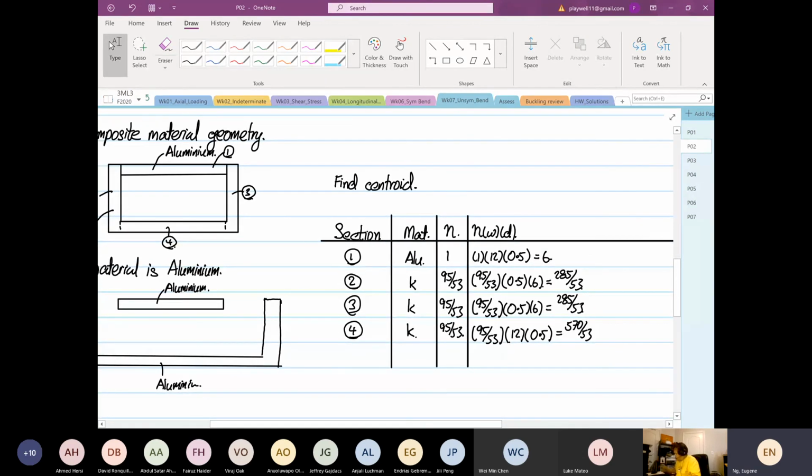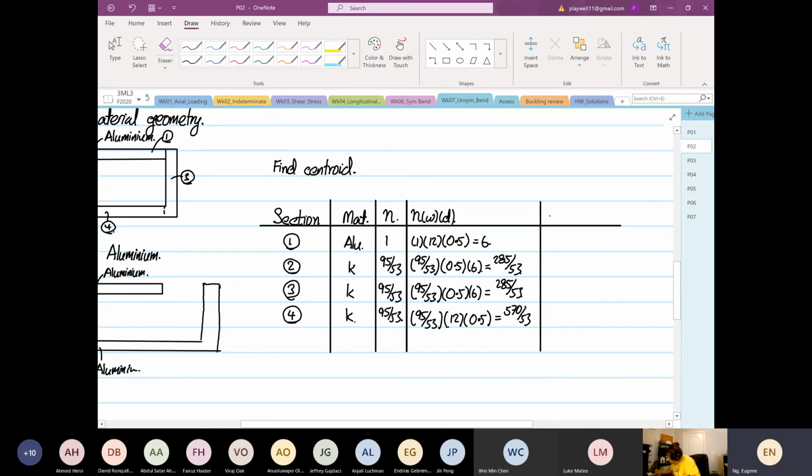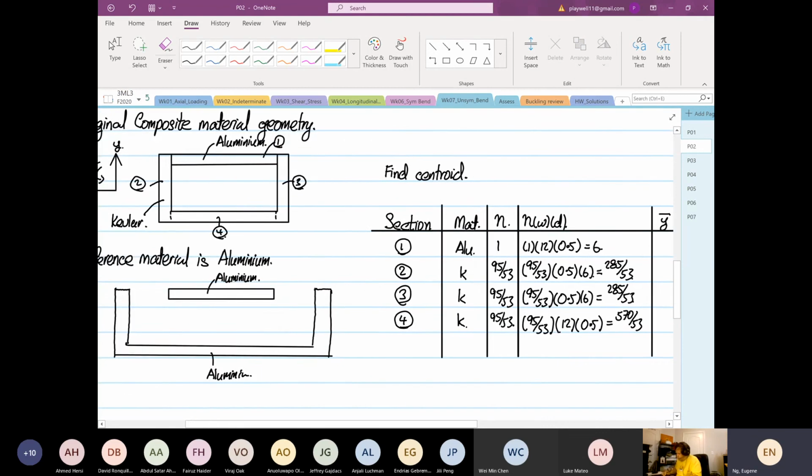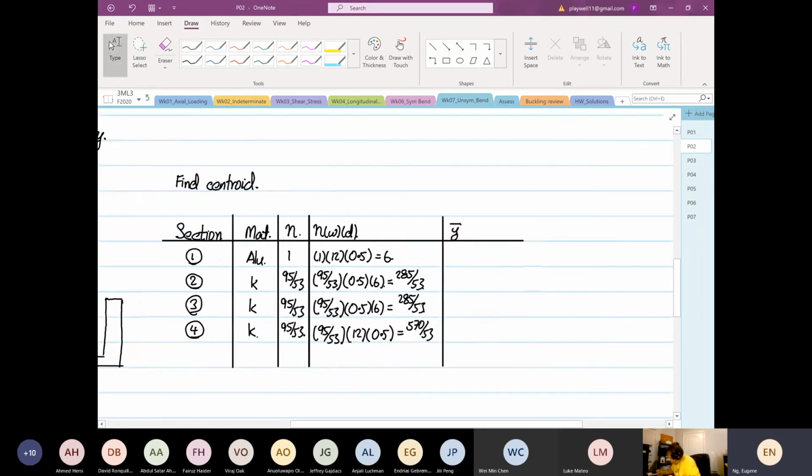So the next one is my Y bar, the small y bar. For this case, I'm going to take the datum from the top, so when we find our centroid, it is measured from the top, moving downwards. So this one is 0.5 divided by 2, which is 0.25.